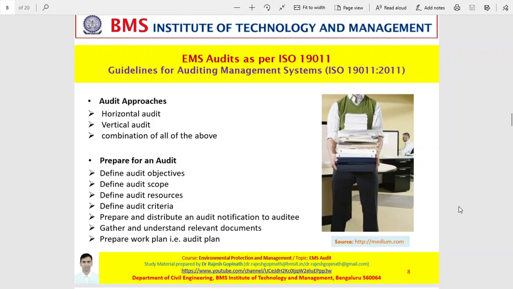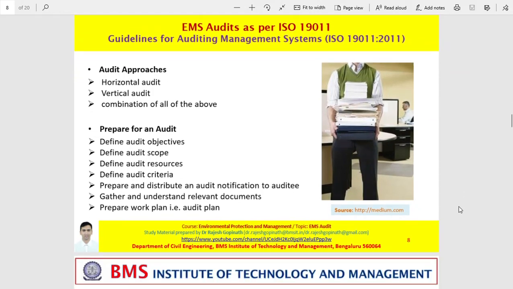After defining all of these, an audit notification has to be prepared and distributed to the auditee. Finally, relevant documents have to be collected, followed up with, understood. When all these steps are accomplished, then the audit plan or the work plan of how to carry out the audit is taken further.